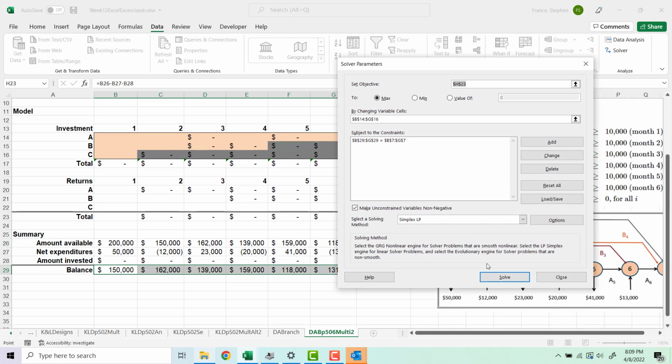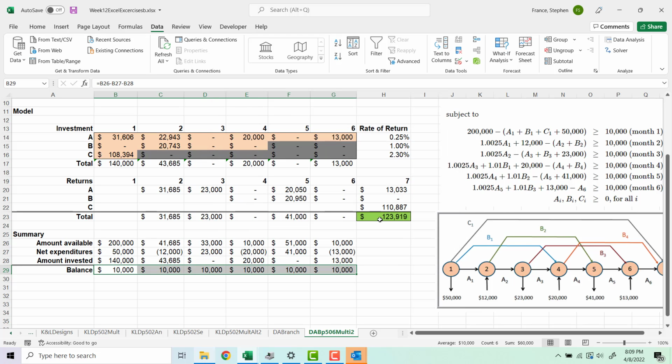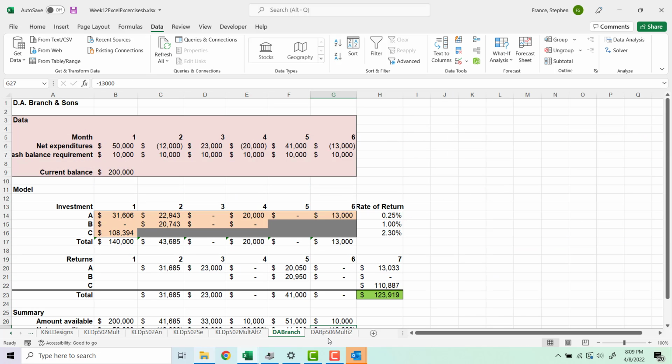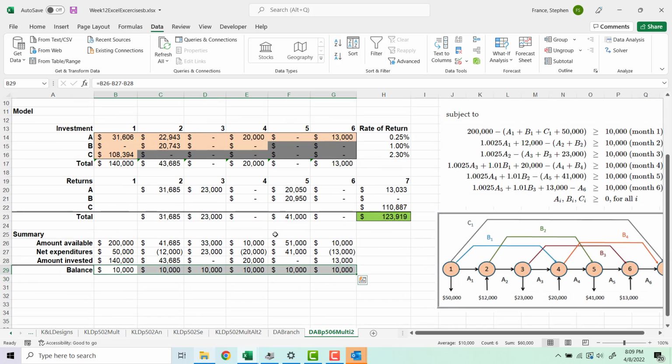Let's click OK, and let's click Solve. We're going to use the simplex method. And we get 123,919, which is what we got in the book.